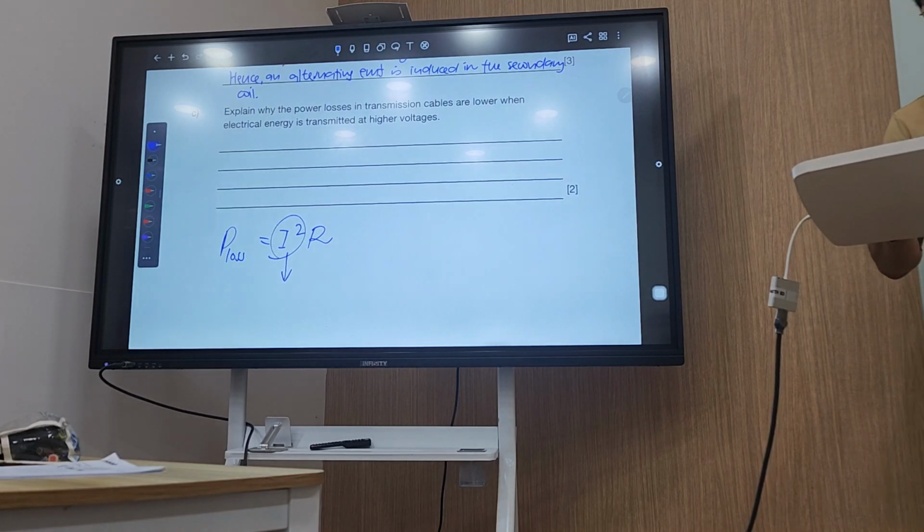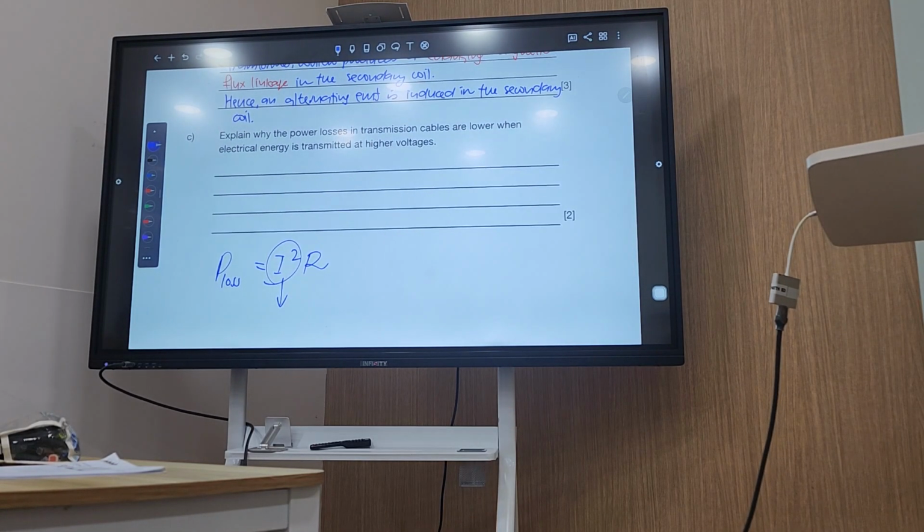Firstly, we will say that power in the cables is constant. Hence, at higher voltages, keywords here, current through cables is lower.